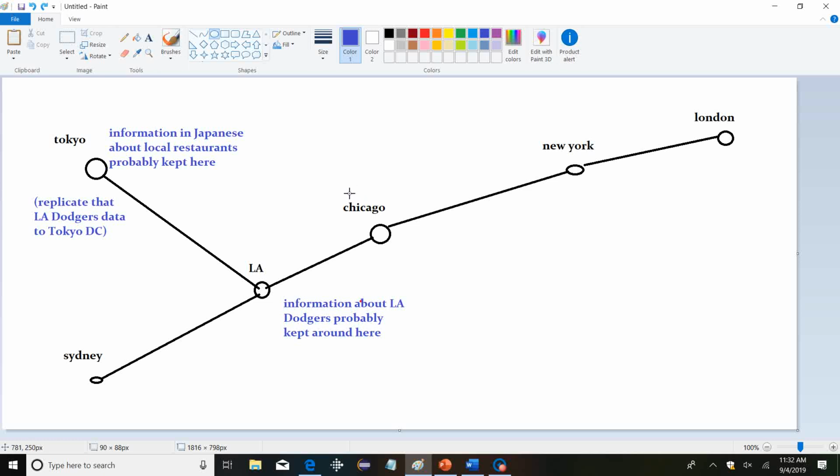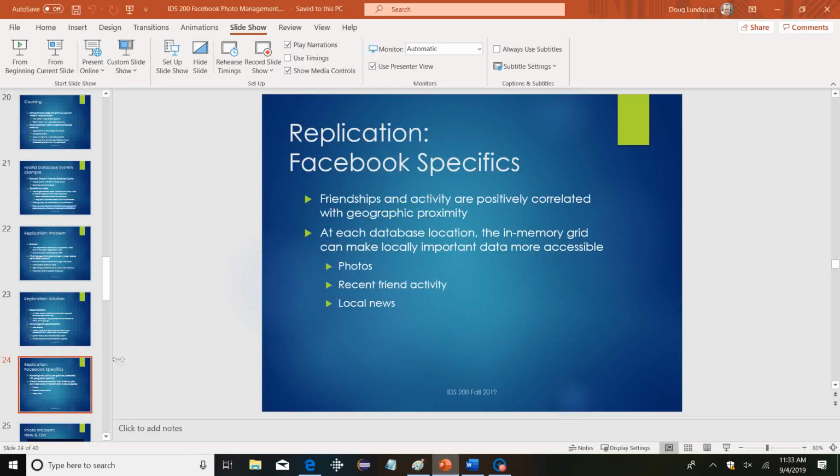You post something there, even if you have some kind of Facebook page that's more like a celebrity page, Facebook is going to know, you know what, you don't have that many followers. Most of your followers are around Chicago. We're just going to put it there in the Chicago data center for now. If you suddenly get a big hit, it goes worldwide, everybody's interested, yeah, it'll get replicated to those other data centers. But for now, just keep it where they think people want it. Okay.